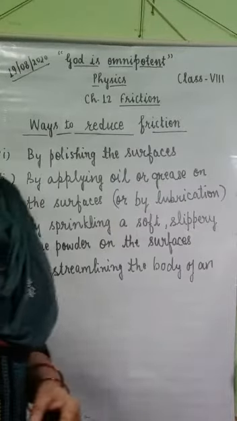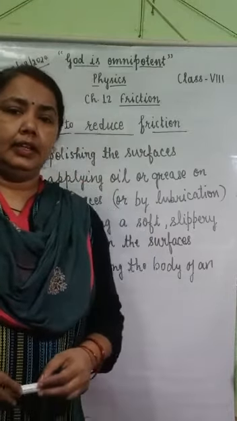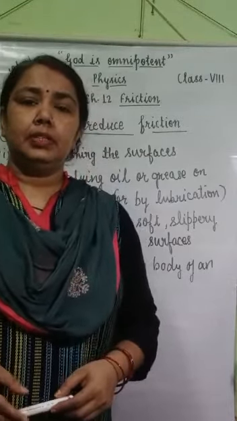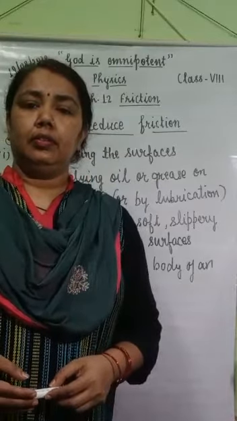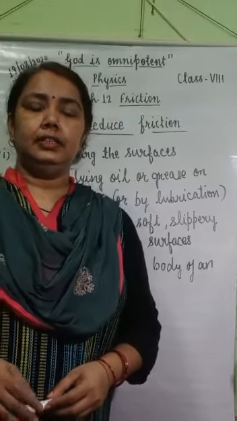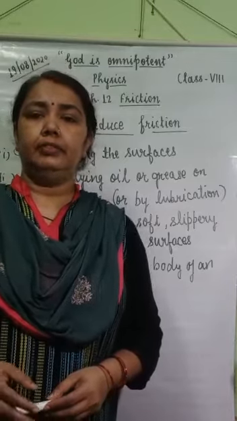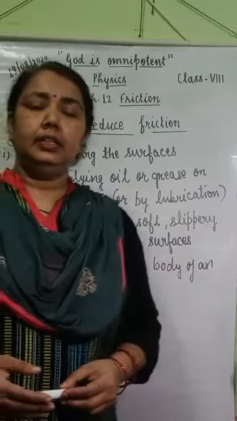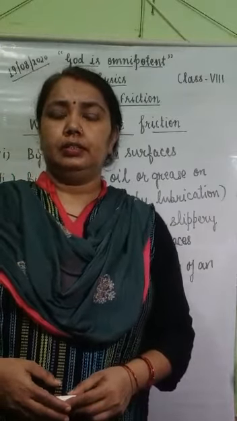You have seen that there are many disadvantages of friction. Sometimes it damages the machine, it causes wastage of energy, it causes wear and tear. So sometimes it is needed to reduce friction.